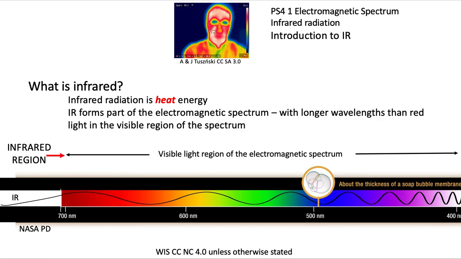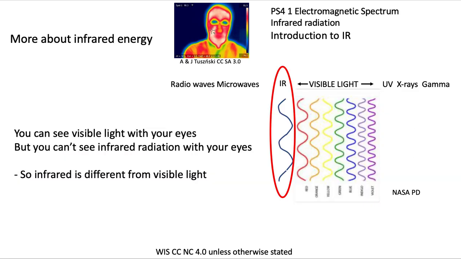Here you've got the colours of the rainbow, the visible region of the spectrum, and on the left side you've got going into the infrared region. And here, looking at the wavelengths, getting larger to the left, getting smaller, shorter to the right, and beyond the violet, you've got ultraviolet, X-rays, and gamma.